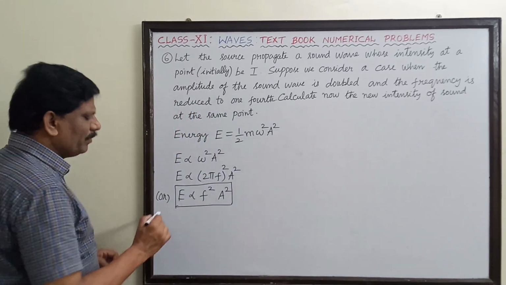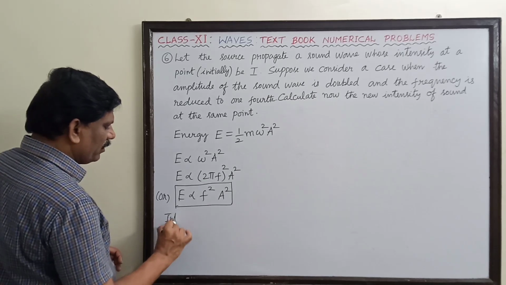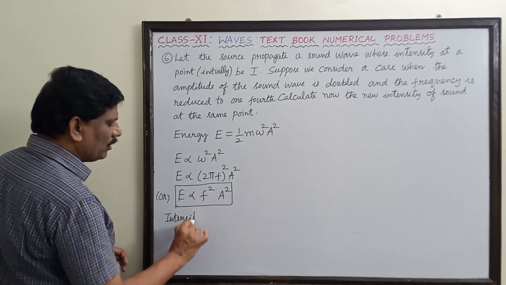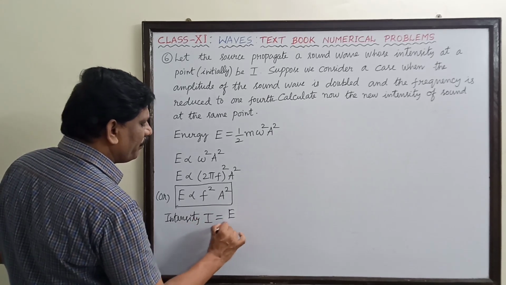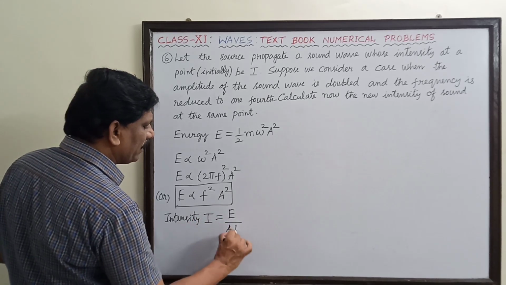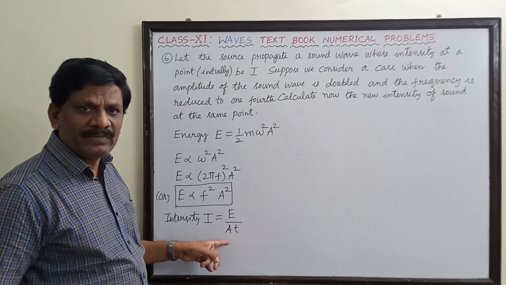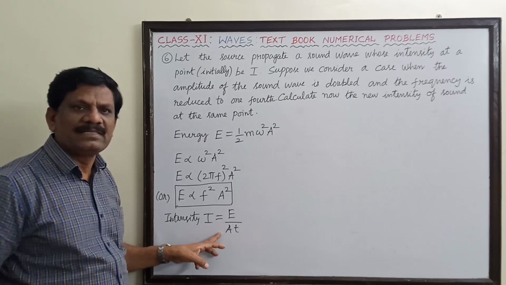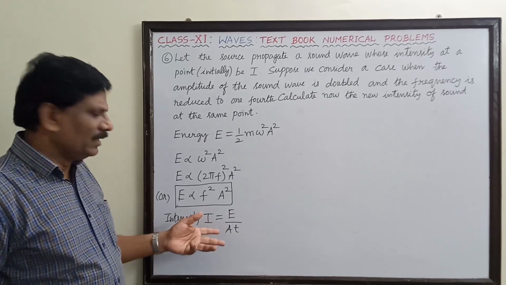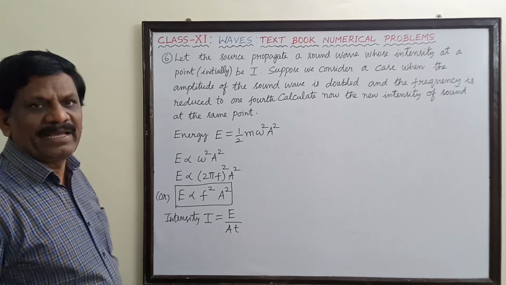Then what is meant by intensity? Intensity of sound or light, I, is equal to energy per unit area into time, is it not? So at the same point means the area is the same, or we can take that area and time are constants.